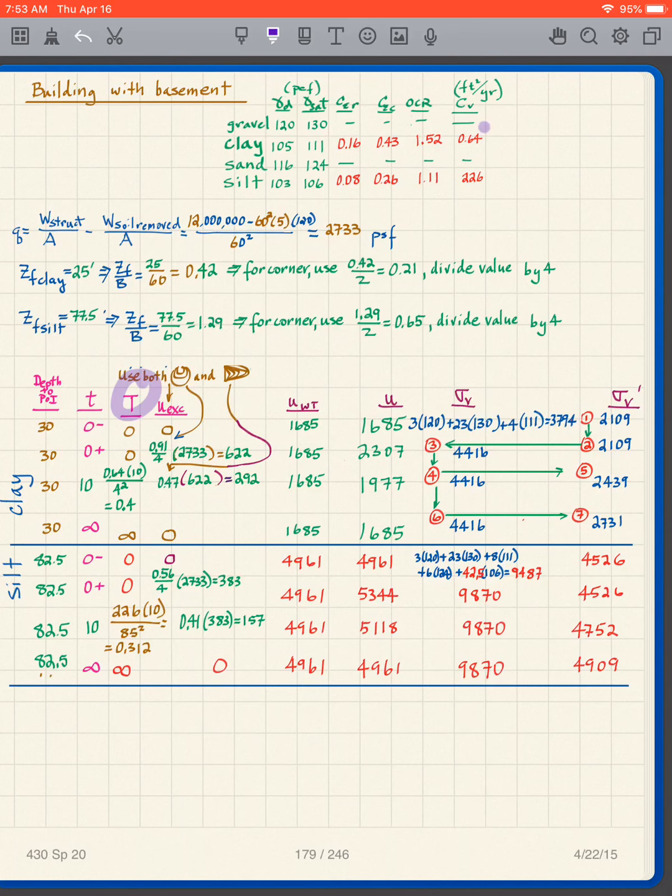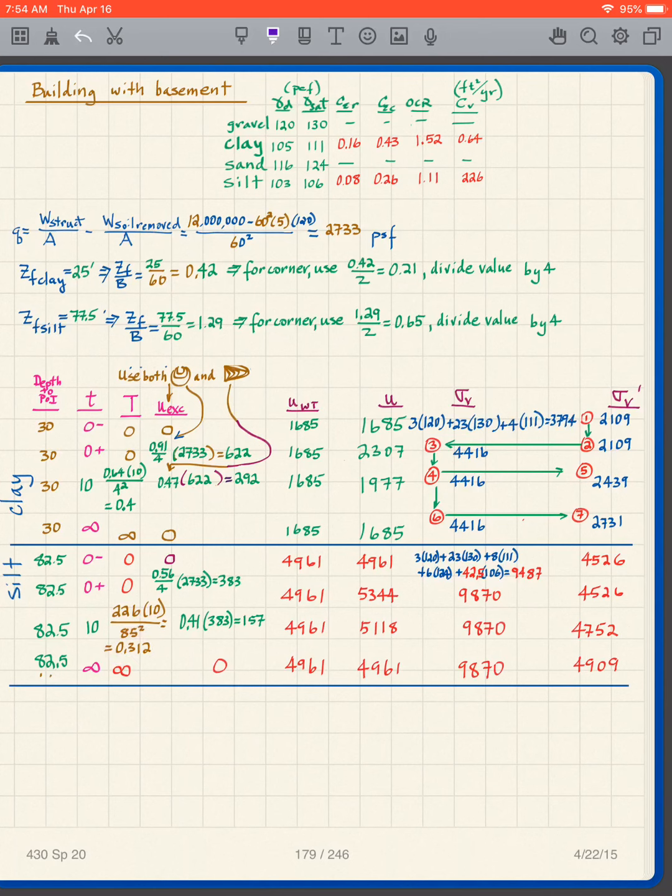C sub v in the clay is 0.64, so I have C sub v t, which is 10, over HDR squared, 4 squared. I get my capital T as 0.4 here. For the silt, my C sub v is 226, so I have C sub v t, and my HDR is 85 squared, so I get a capital T of 0.312.